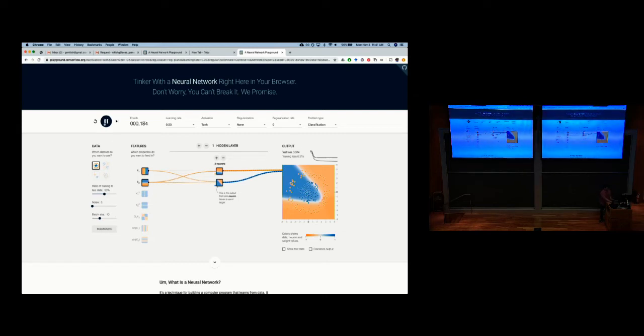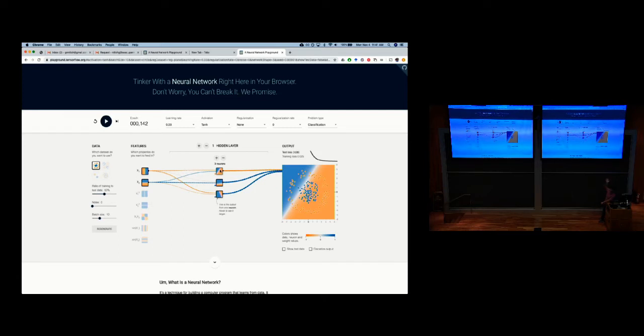And this is what you look at. You see one of the nodes making a plane, the other one cuts it from the bottom, the other one from the top right, and the intersection of them forms this triangle, and it is able to classify this data correctly.